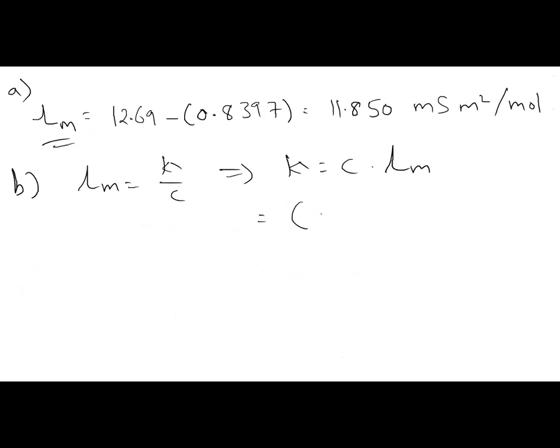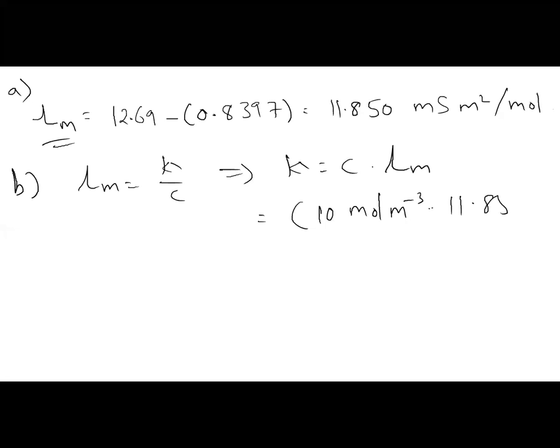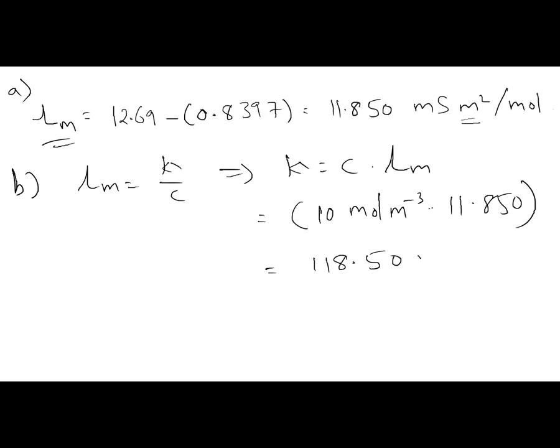If you convert that into mole per meter cube, it's going to be 10 mole per meter cube times the molar conductivity 11.850. We have to do this because the molar conductivity is in terms of meters. So the final answer for conductivity is going to be 118.50 millisiemens per meter.